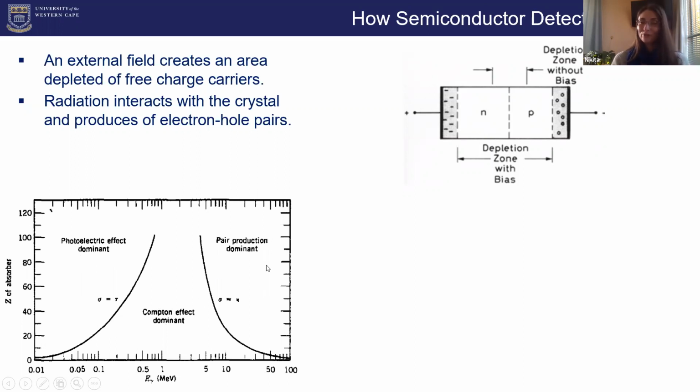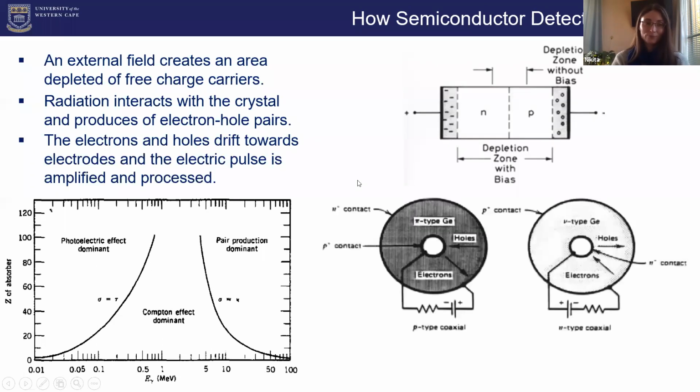So we have physics and maths means to calculate how those three processes happen. This is the second step, of course. Those interactions happen in our detector. And finally, with the interaction, the electron-hole pairs that are produced in the crystal are in that external field that we applied.